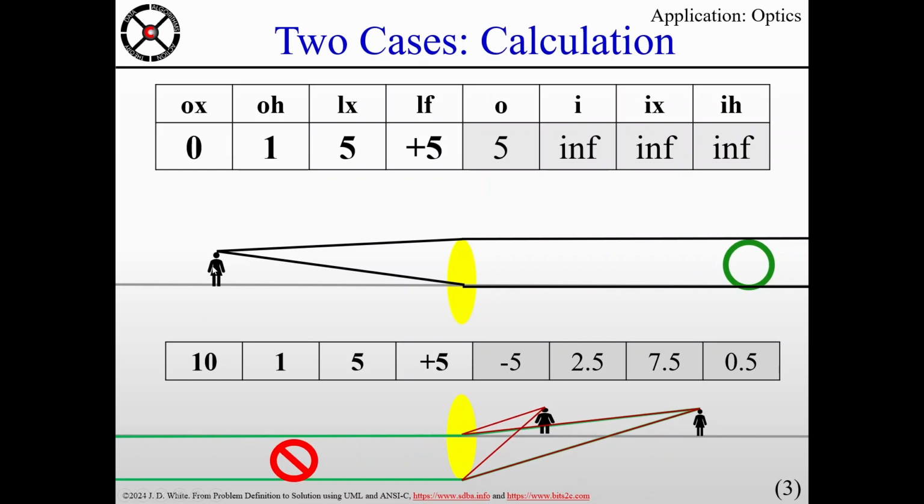If I'm on the left side, I should get infinity. If I'm on the right side, I should get minus infinity, because it's symmetric. So the code has some problem.